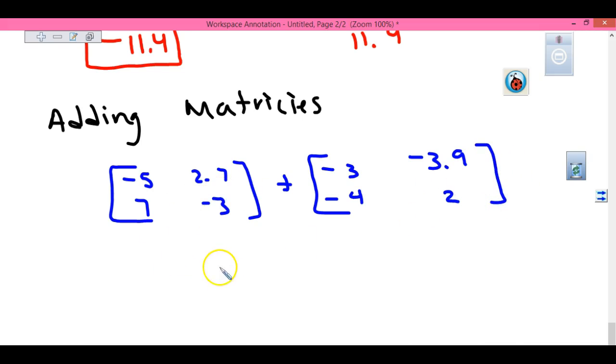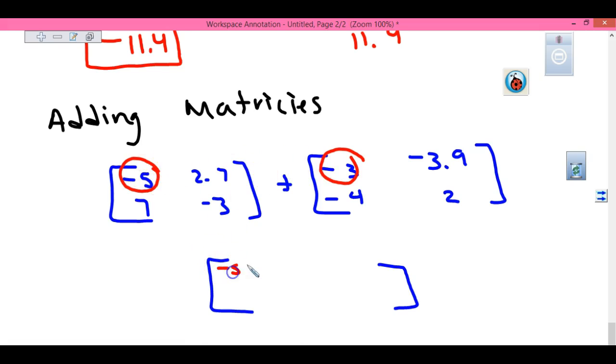Now, my answer is also going to be a matrix. We're adding matrices. What we're going to do is take this number and add it to this number. See how they're on the same row and column?